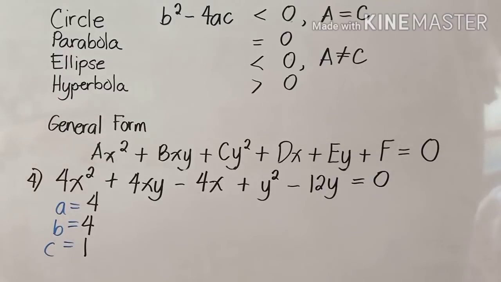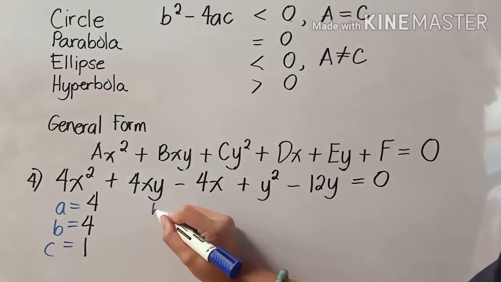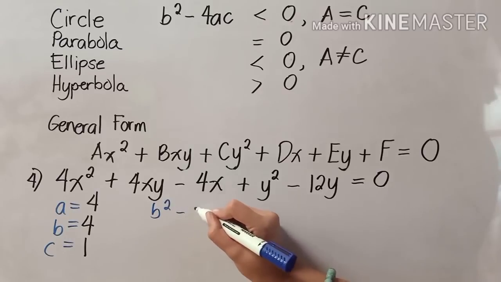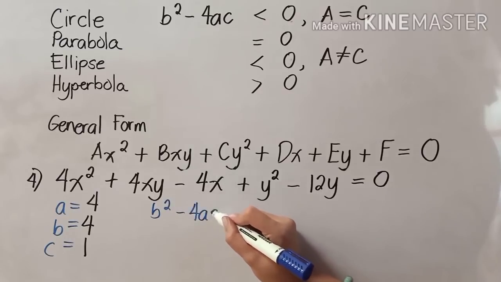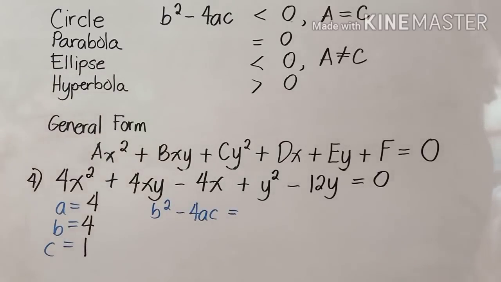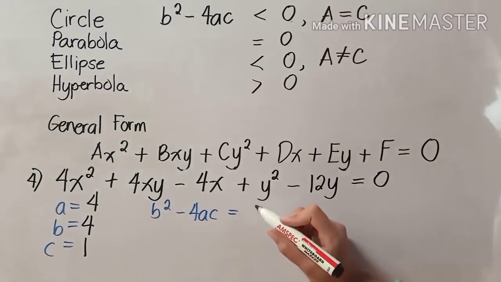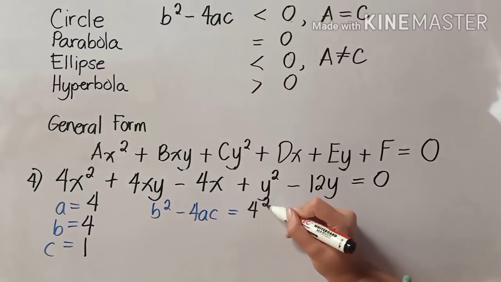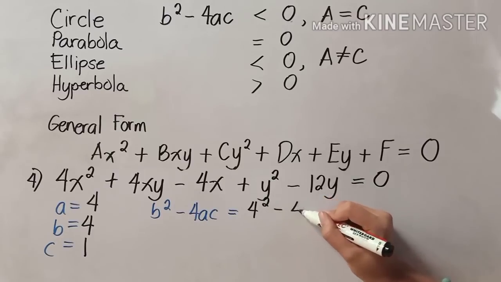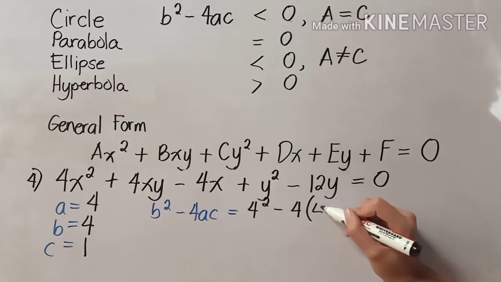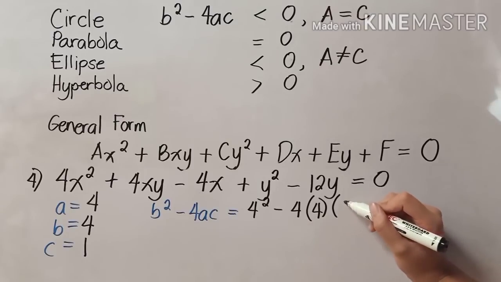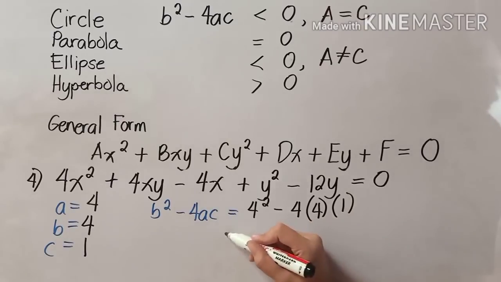So we are now ready to solve for the determinant b squared minus 4ac. Again, we'll simply substitute. Our b here is 4. 4 squared minus 4 is constant. A is 4 multiplied to c, which is 1.